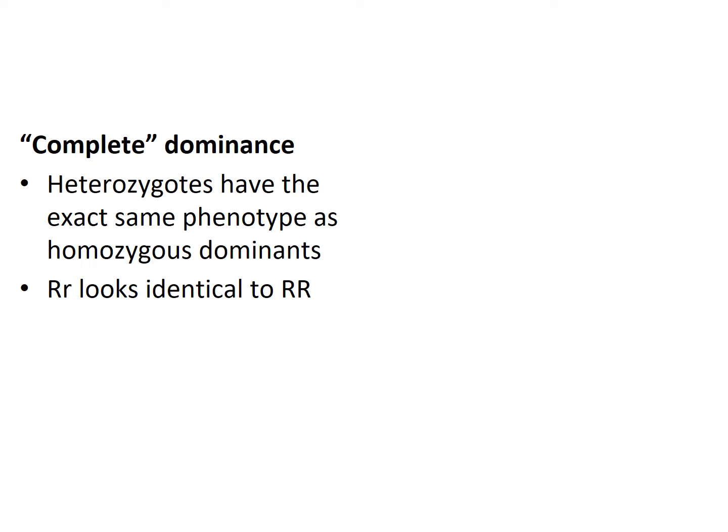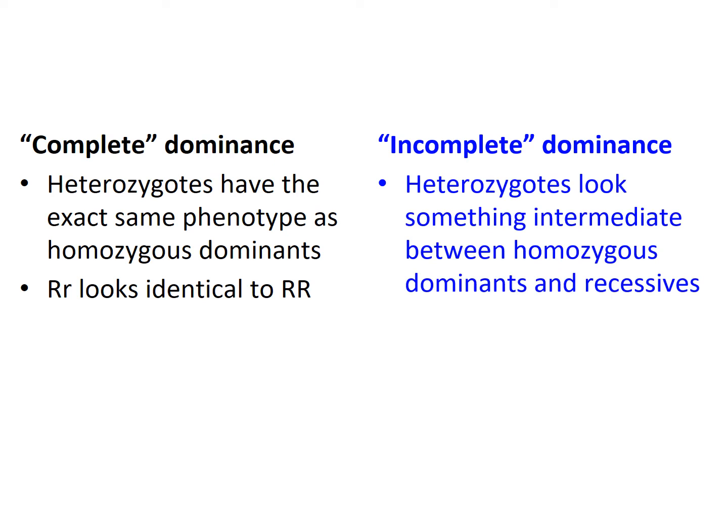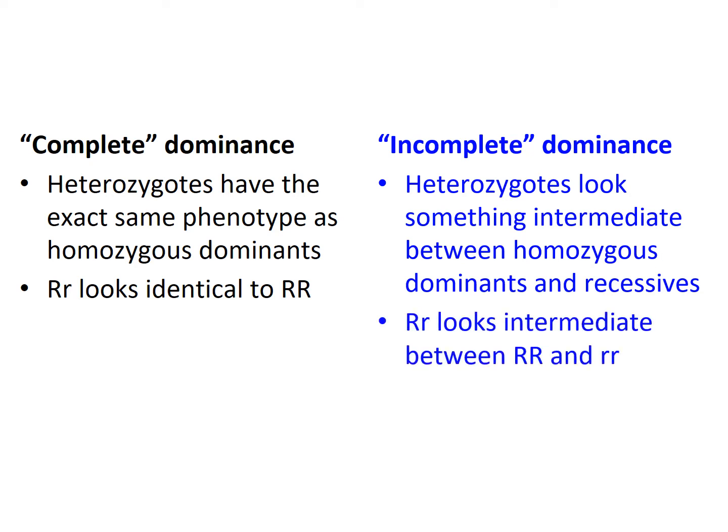Let's consider an alternative scenario, which happens with some other genes, where there is said to be incomplete dominance. Incomplete dominance is when heterozygote individuals look intermediate between the two ends of the spectrum. And those two ends of the spectrum are the homozygous dominant genotypes and the homozygous recessive genotypes. So the heterozygotes look like a blending between those two extreme traits.